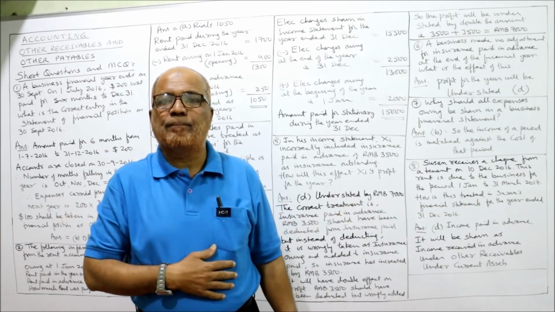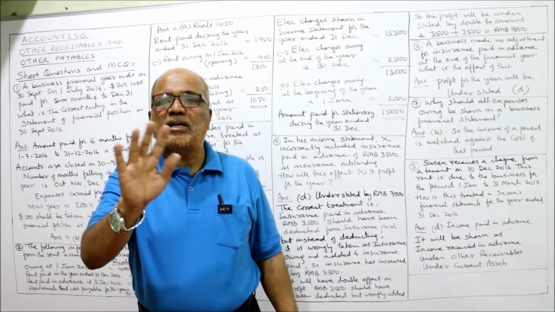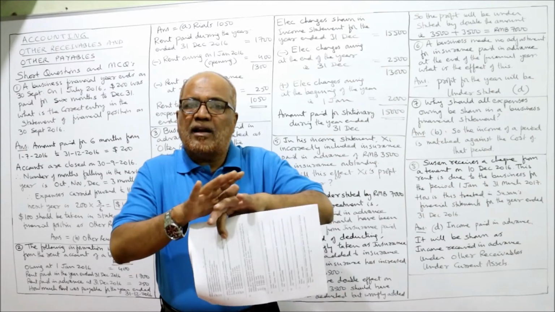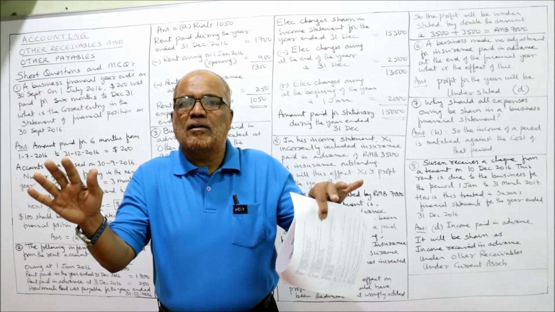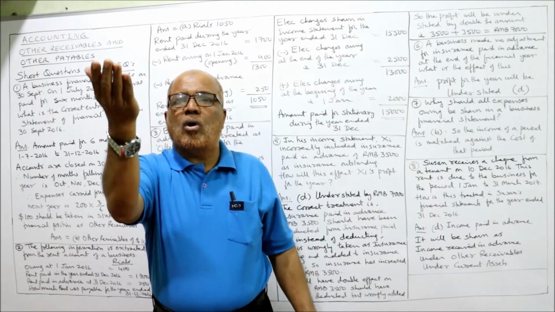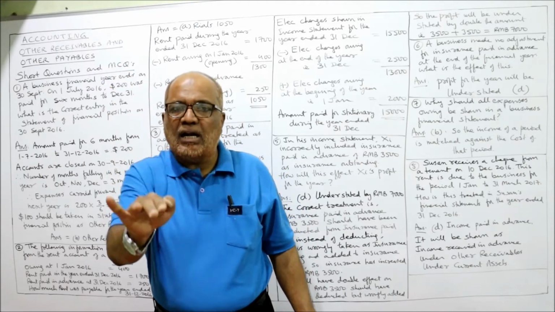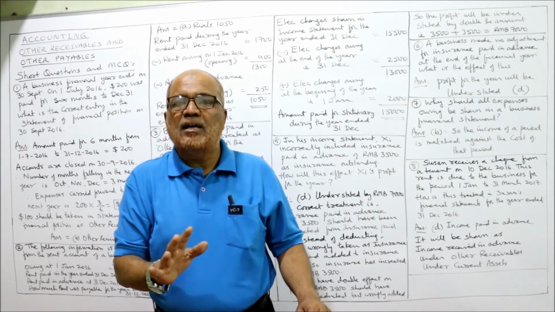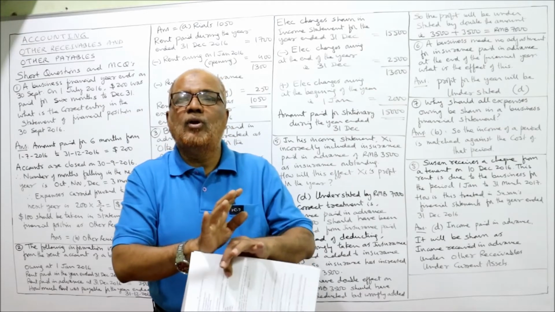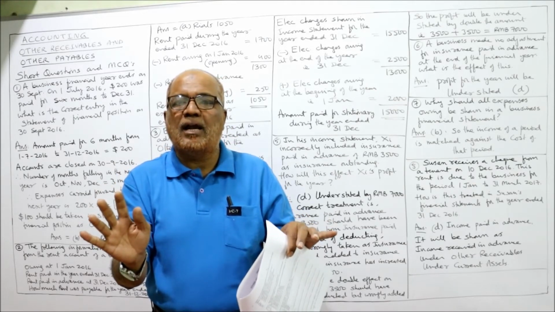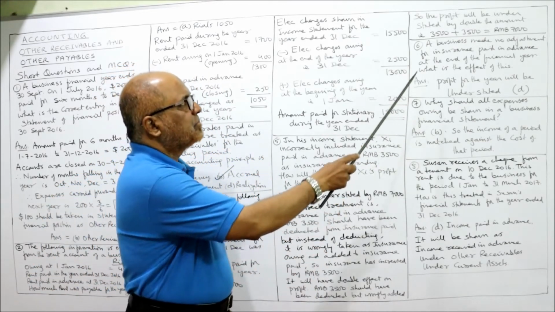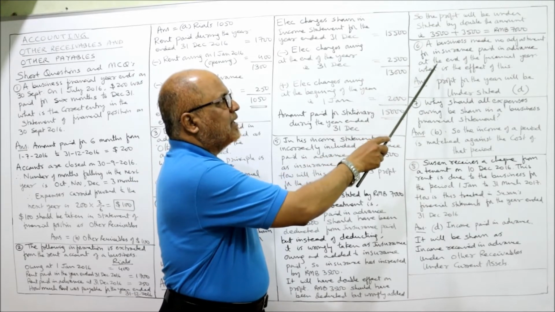But unfortunately, the accountant has not adjusted insurance paid in advance. When it is not deducted, the insurance will be more. When insurance is more, the profit will be understated. So finally, the effect is that profit will be understated if no adjustment is made for insurance paid in advance.